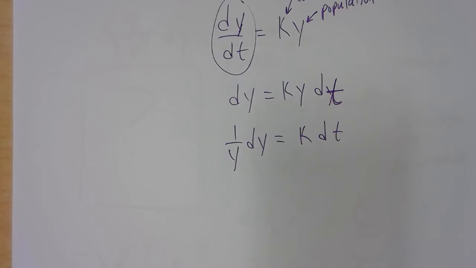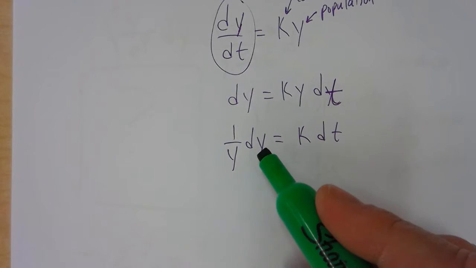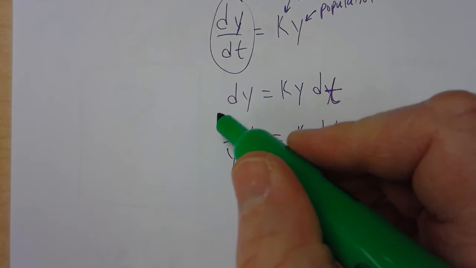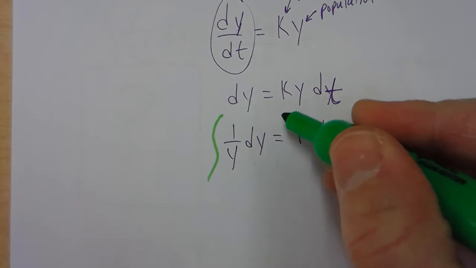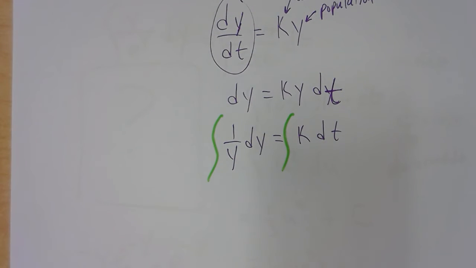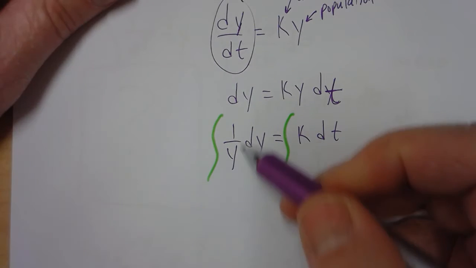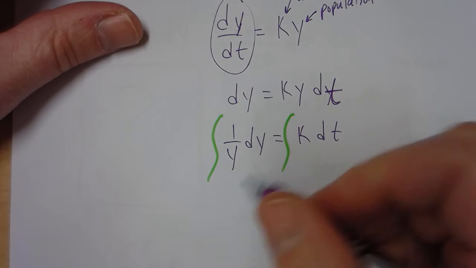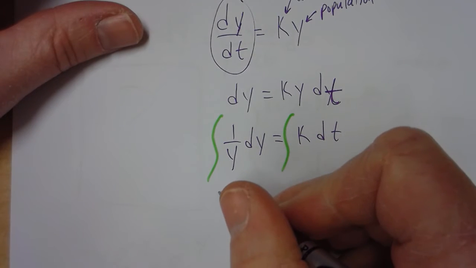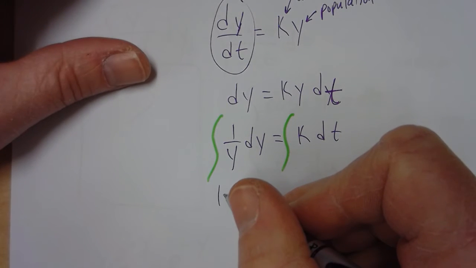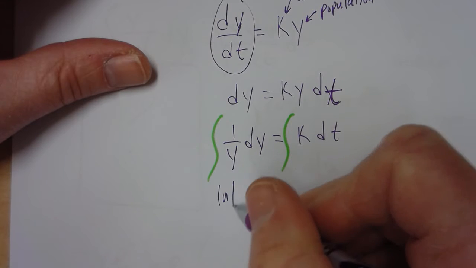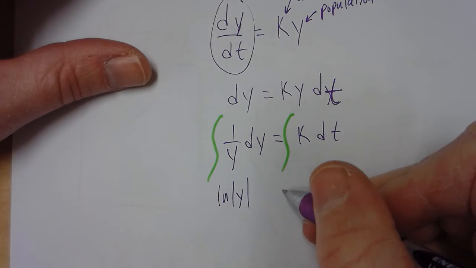So now what we do is we do the opposite to each side of the equation to solve, right? So the opposite of the dy is to take the antiderivative. So we have a symbol for that, right? So we're going to do the antiderivative to each side of the equation, the integral. So the integral of 1 over y is the natural log absolute value of y plus a constant.